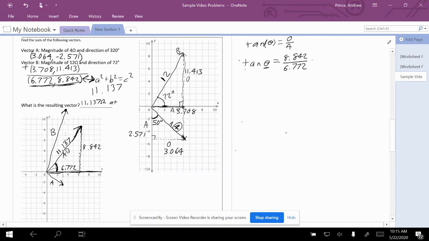Now I need to get this angle by itself, so I'm going to isolate it and use the inverse tangent function. Let's see what we get out of that. So inverse tangent of 8.842 divided by 6.772, and that gives me 52.552 degrees.